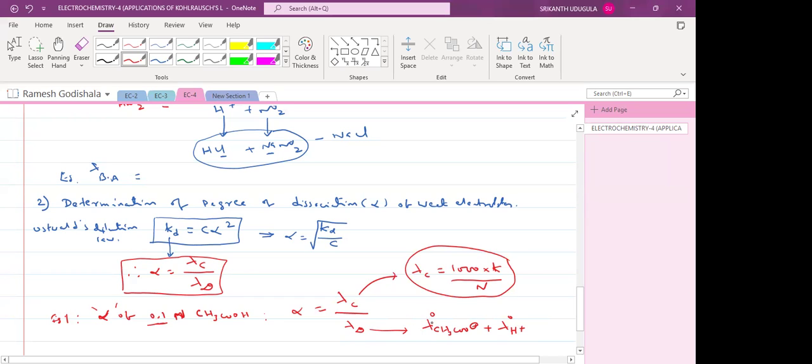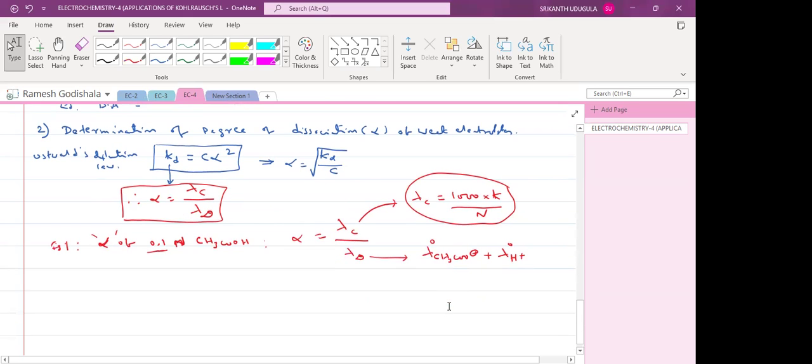Lambda 0 of CH3COO minus is 40.9, as I mentioned yesterday, and lambda 0 of H plus is 349.8. The sum is approximately 390.7. So lambda infinity is a constant.